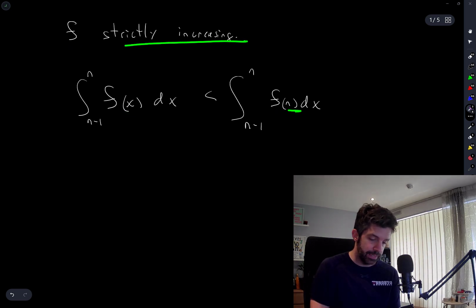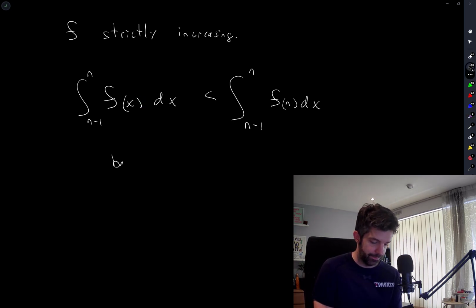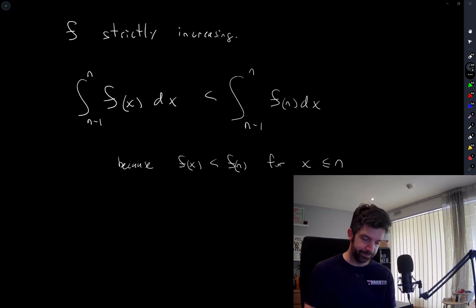Because f is strictly increasing, f of n is greater than or equal to f of x, and in fact it's a strict inequality except at n. So this is because f of x is less than f of n for x strictly less than n.